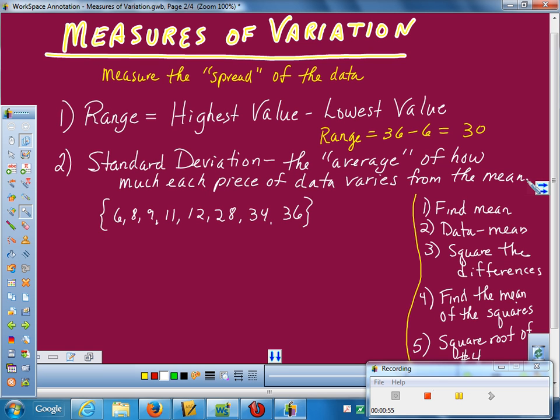Okay, average of how much each piece of data varies from the mean. Okay, and so that's the first thing. If it's how much each one varies from the mean, what's the first thing you've got to figure? You have to figure the mean.